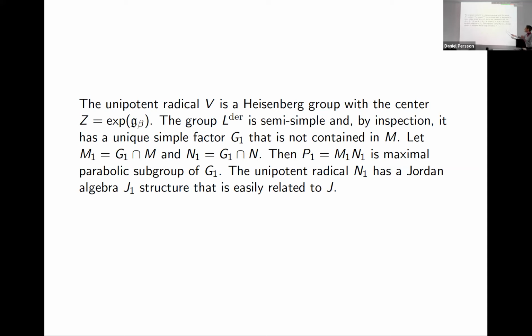The unipotent radical has a Jordan structure, and R actually tells you how many induction steps you have until you come to the smallest group, which is SL2. So the Jordan structure for this small group is obtained by just removing beta 1, which is the highest root.